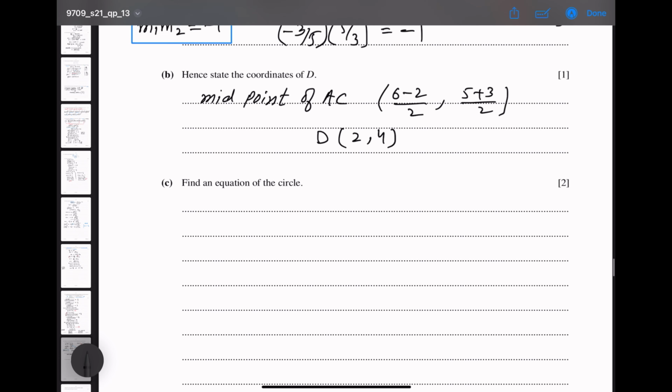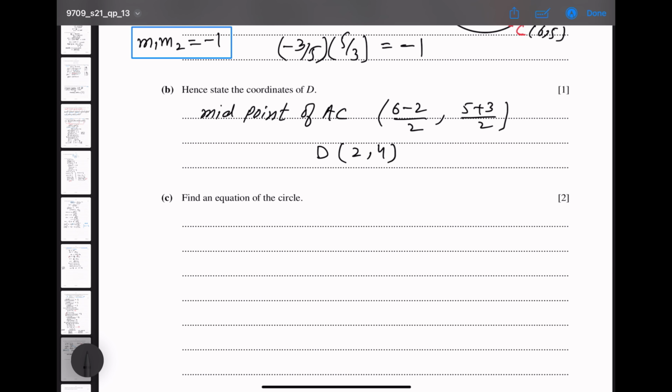Next, find the equation of the circle. Equation of circle is x minus a whole square plus y minus b whole square is equal to r square. Here a, b are the coordinates of the center of the circle and r is the radius.